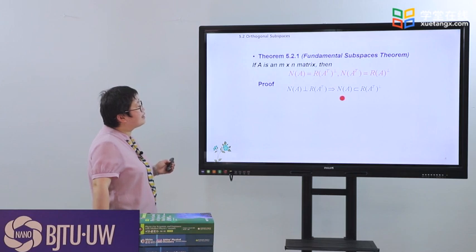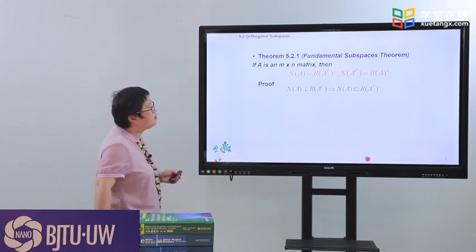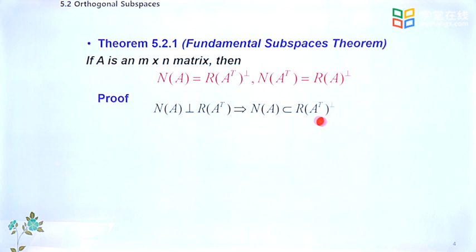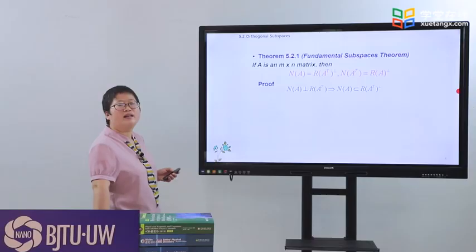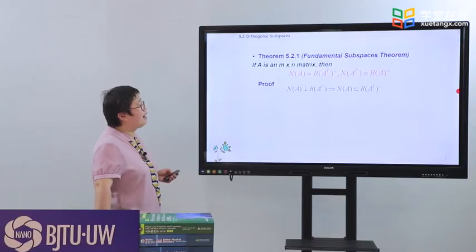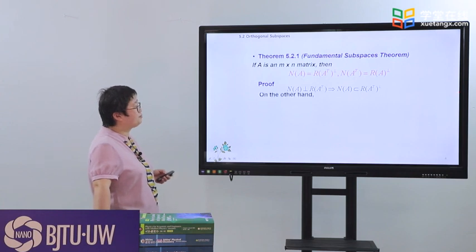So you know that the null space of A is contained in the orthogonal complement of R(A transpose), because we know the orthogonal complement is the largest set that contains all the vectors that are orthogonal to R(A transpose). So we have this inclusion: the null space of A is included in the orthogonal complement of R(A transpose).